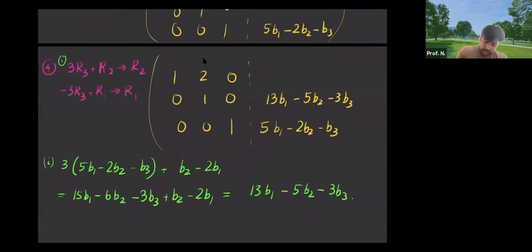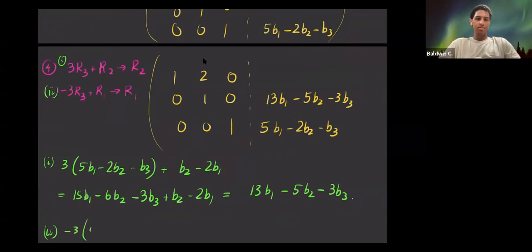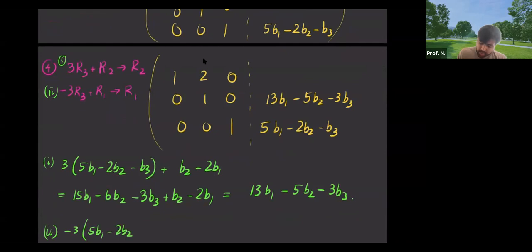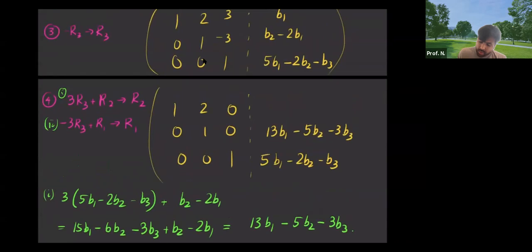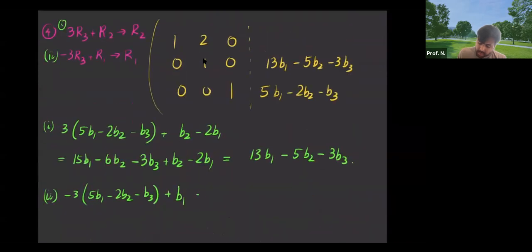Okay, and then we're almost done here, guys. And then this becomes -3 times 5b1 minus 2b2 minus b3, plus r1, which only has b1 in it. So we got -15b1 plus 6b2 plus 3b3 plus b1.